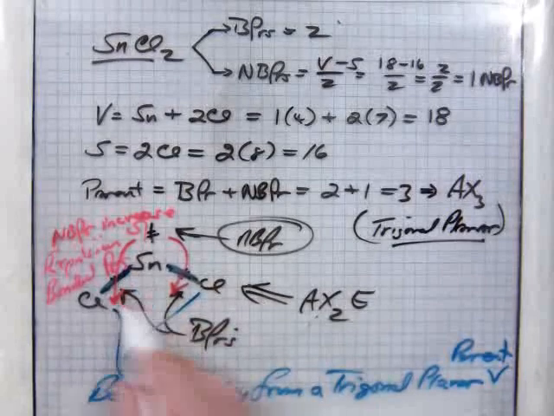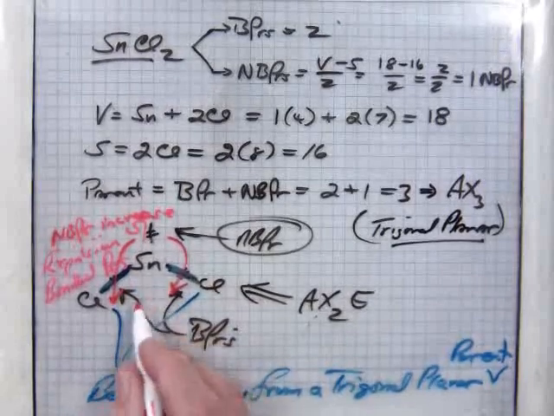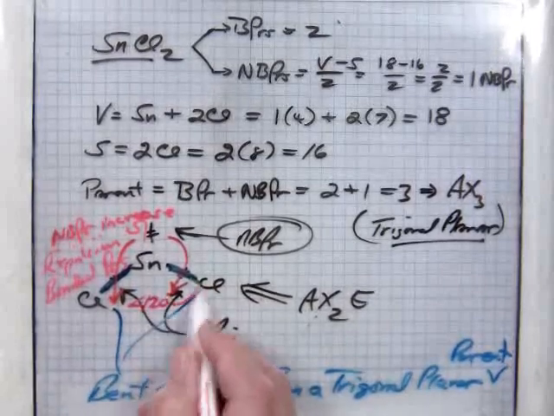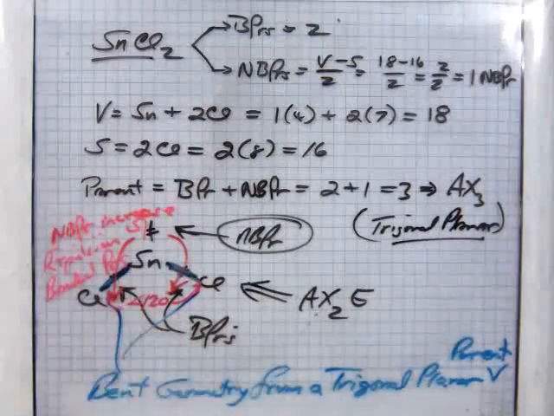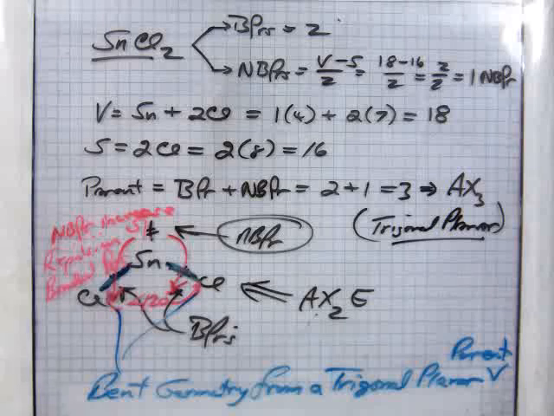So you're no longer at 120 degrees. Actually, you're less than 120 degrees between those bonds now, because that non-bonded pair will shove down on the bonded pairs. And you'll see more about this as we get deeper into the other kinds of structures.